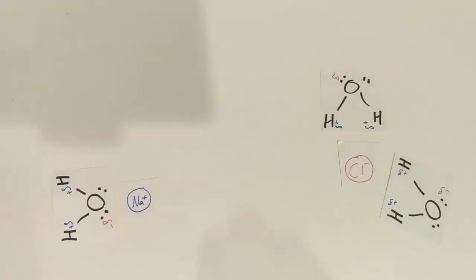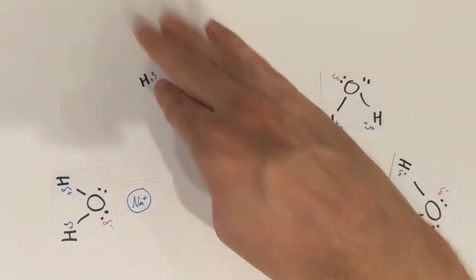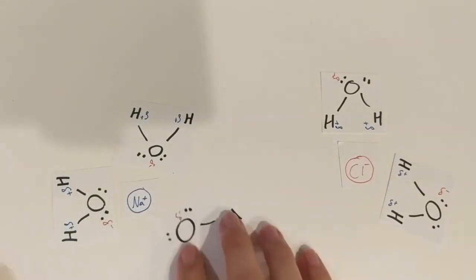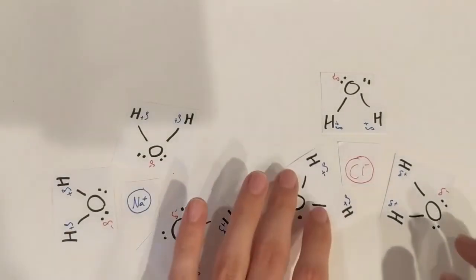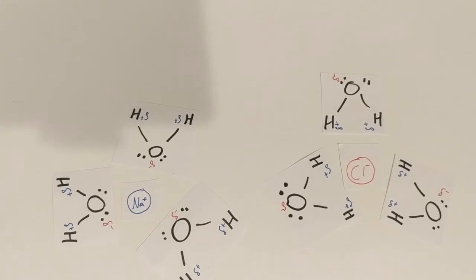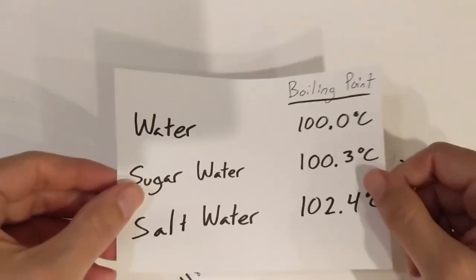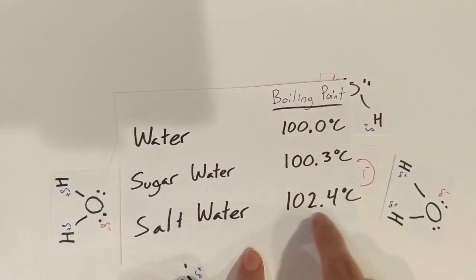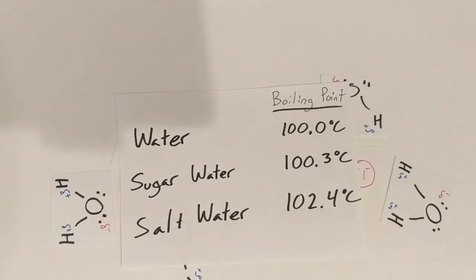And the water would kind of cling to these ions, because these ions have full charges. So you might see something like this. And these full charges will be holding on very, very tightly enough so that the boiling point goes up. So we need even more kinetic energy. We need even more speed of those particles for them to break apart into a gas.